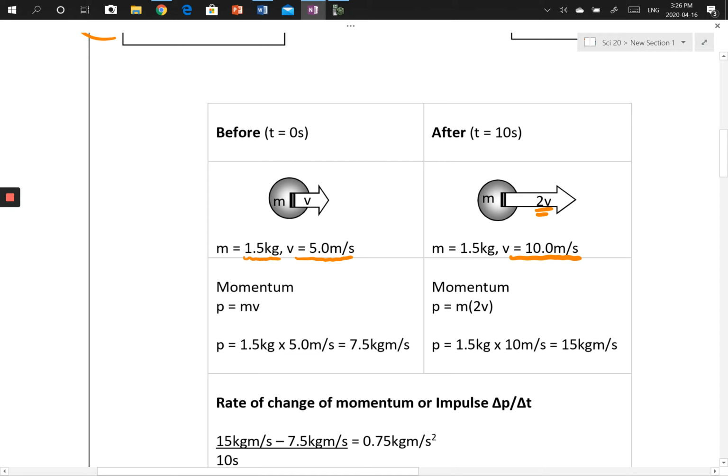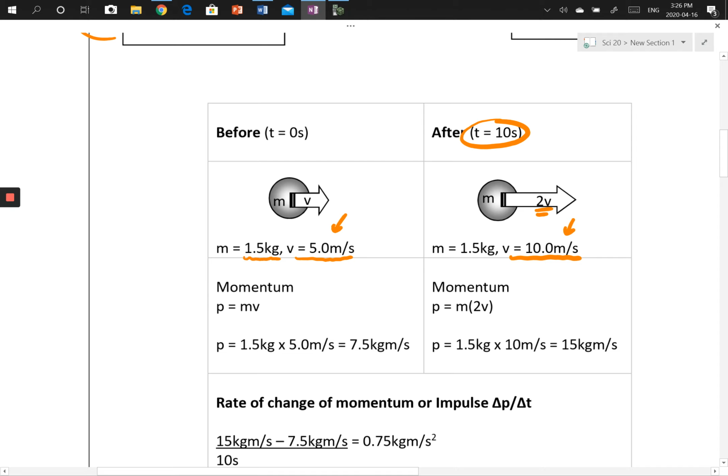There's going to be a change in momentum that occurs over this period. And the period over which this change is happening, we're going to say it's 10 seconds. So over a period of 10 seconds, I want to apply enough force to accelerate this ball from 5 meters per second to 10 meters per second. So I want to speed it up.